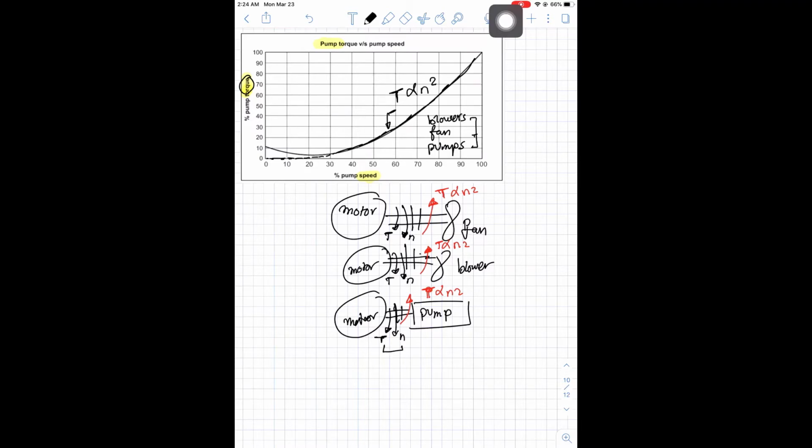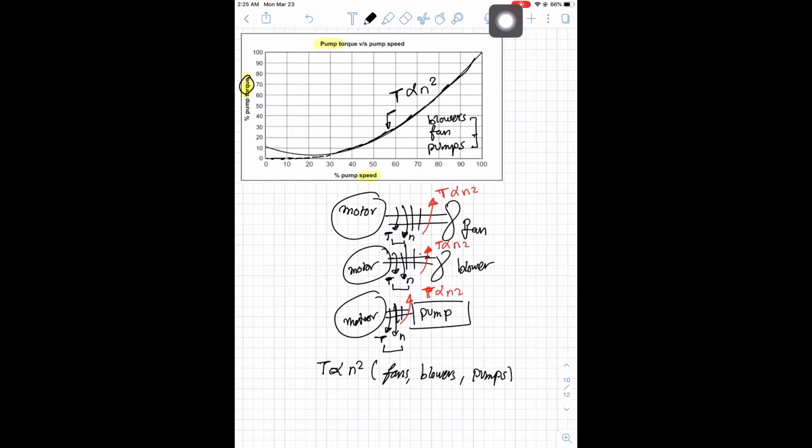Between this torque and this speed of the motor, there is a relation that we need to find, which we will find in the next lecture. So we know that for this type of loads, torque is proportional to N squared. This is for fans, for blowers, for centrifugal pumps.